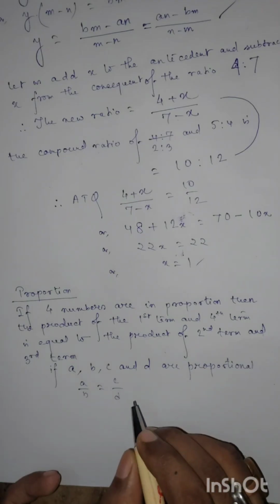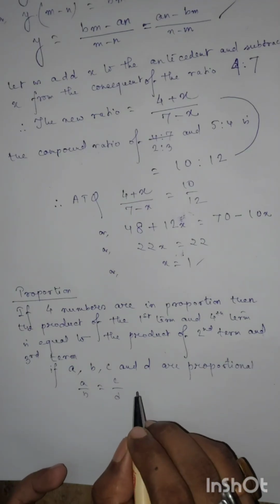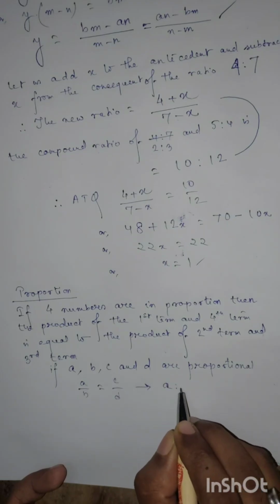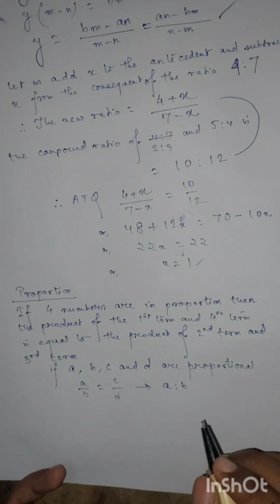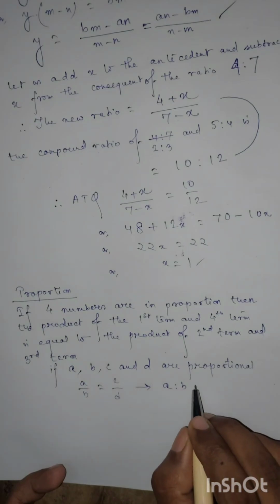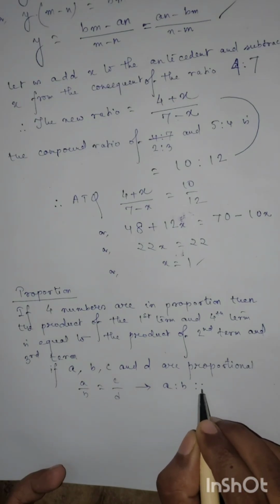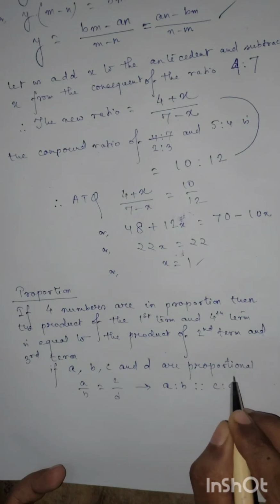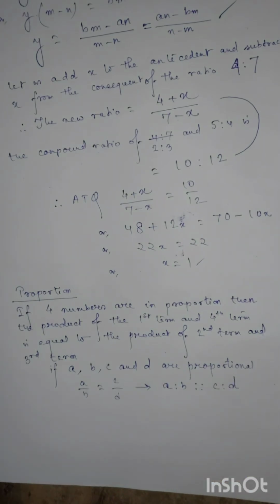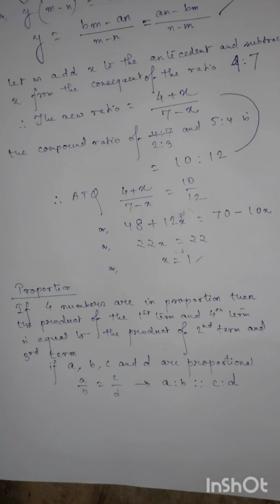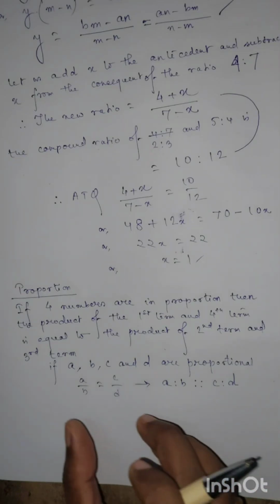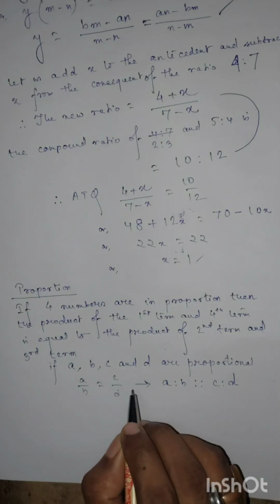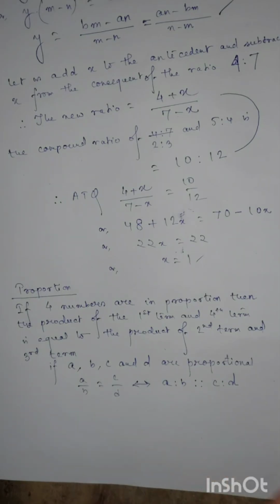It is generally represented as a is to b proportional to c is to d. So this thing is represented as this. So these two things are equivalent.